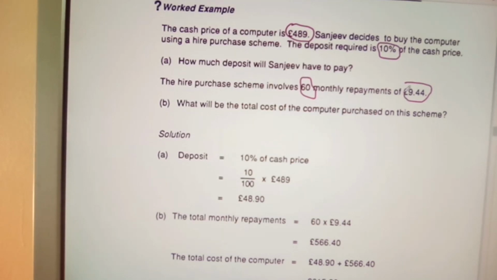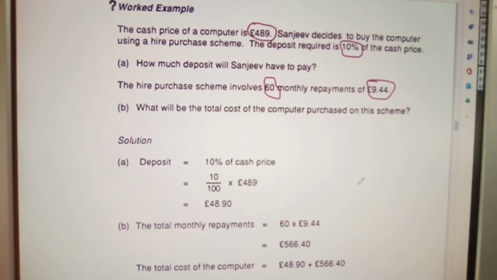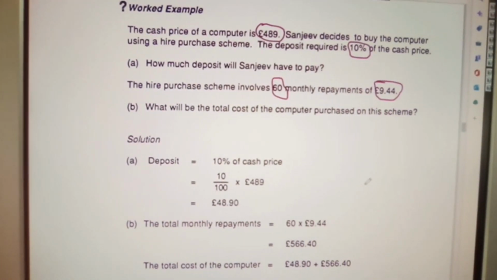We've taken our information from the question itself, and you need to be able to do that so you know what you've been asked to do.